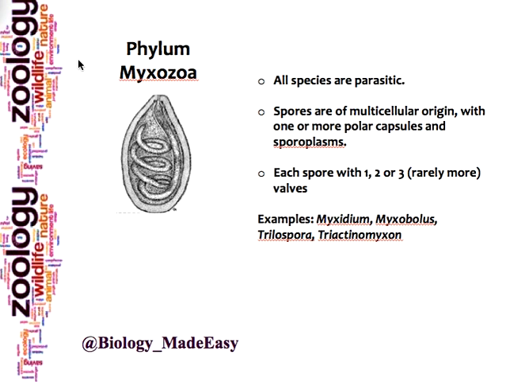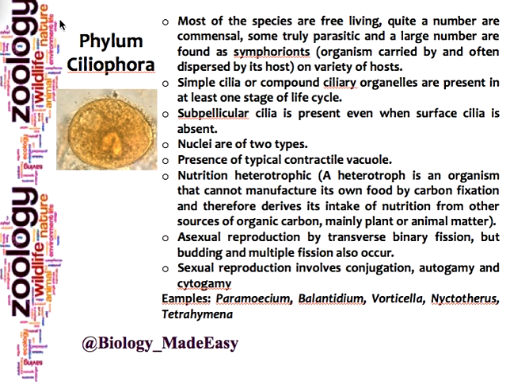We'll move to Phylum Myxozoa now. All species are again parasitic and the spores are of multicellular origin, each spore bearing 1, 2, 3 or even, rarely, more valves. An example is Myxidium. Finally, the Phylum Ciliophora.